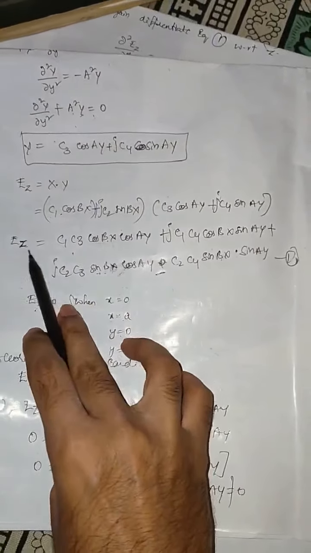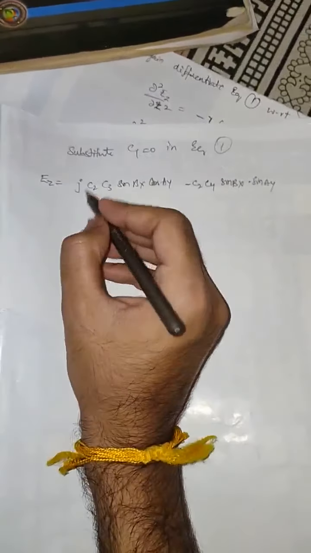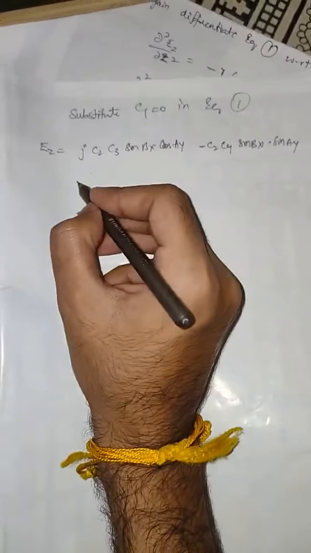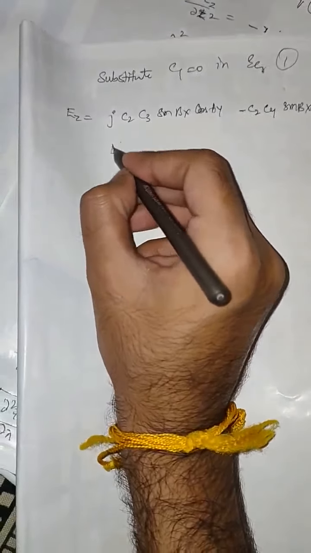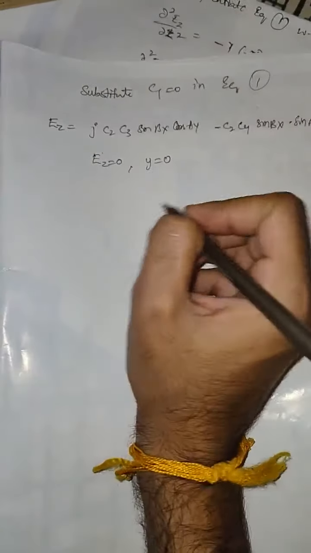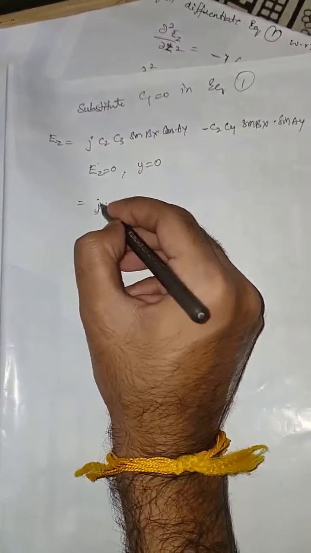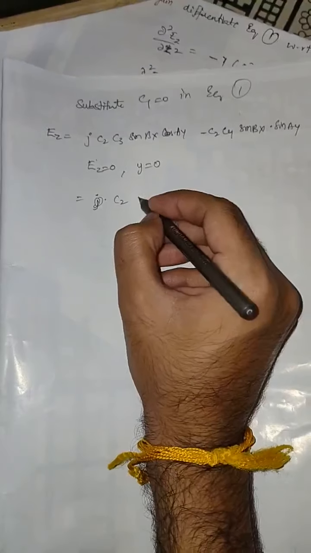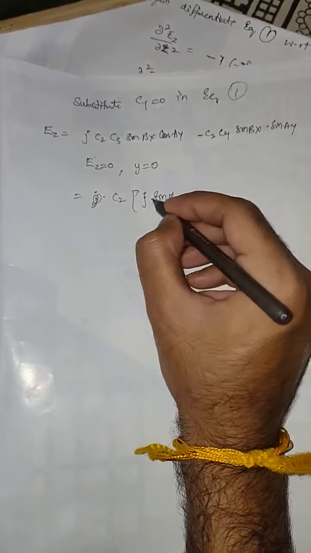If I substitute c1 as 0 in this equation, you will get two terms, which are written here. Now take a common term and substitute the boundary conditions again: Ez is 0 for y equals 0. Before substitution, take c2 as common, and sin beta x is also common.